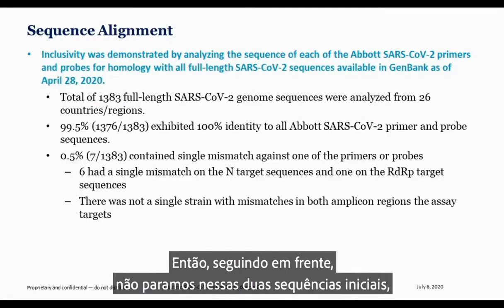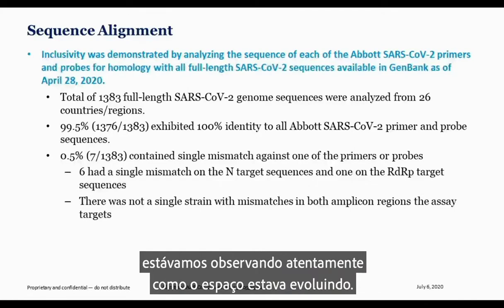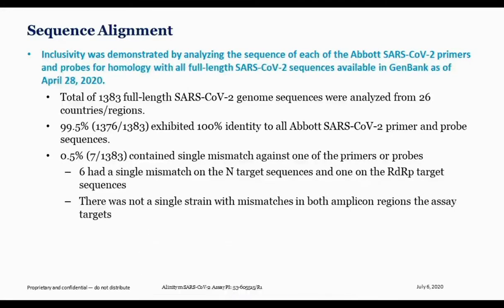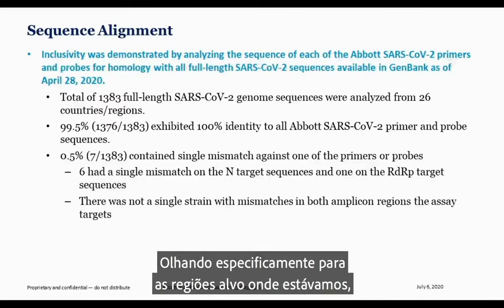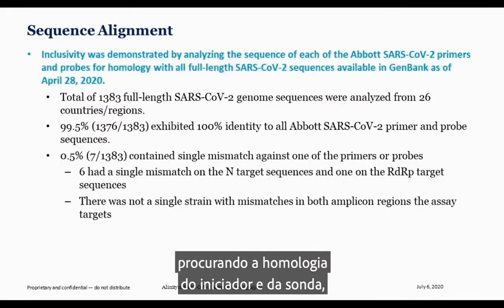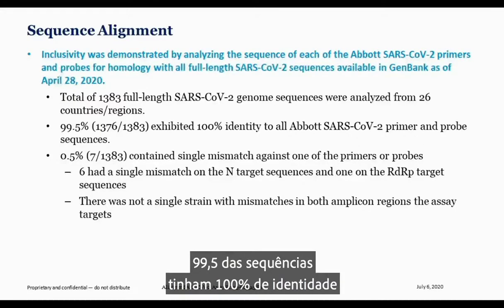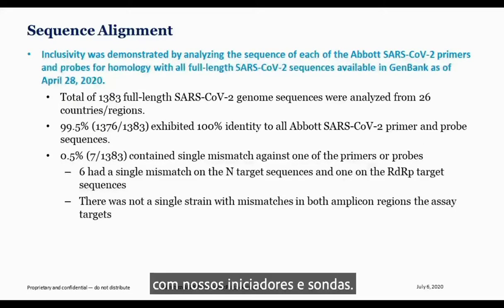So moving forward, we didn't just rest on those initial couple of sequences. As you can imagine, we were keenly watching how this space was evolving, looking specifically at the target regions where we were. This slide shows some analysis done using GenBank sequences, looking at primer probe homology across more than 1,300 full-length genomes. We found that 99.5% of the sequences had 100% identity to our primers and probes.